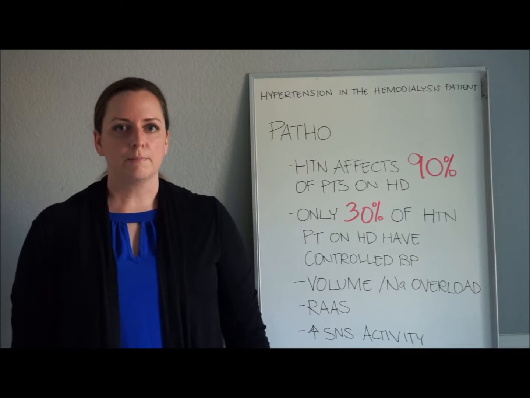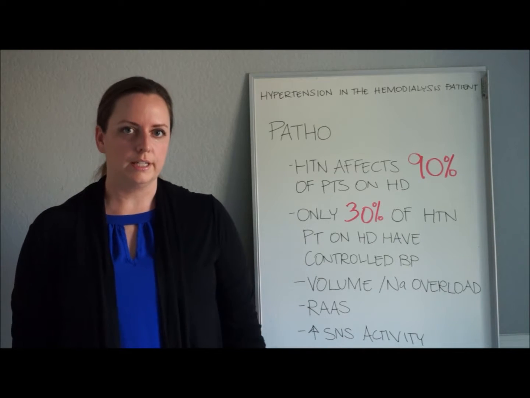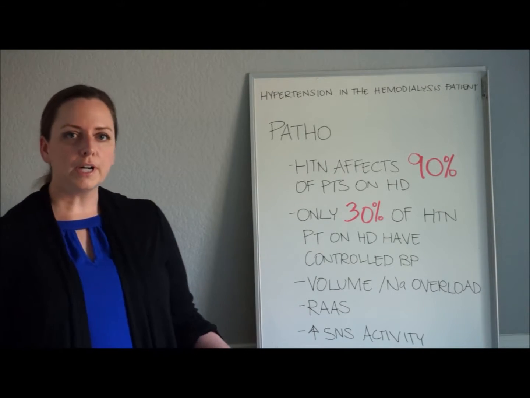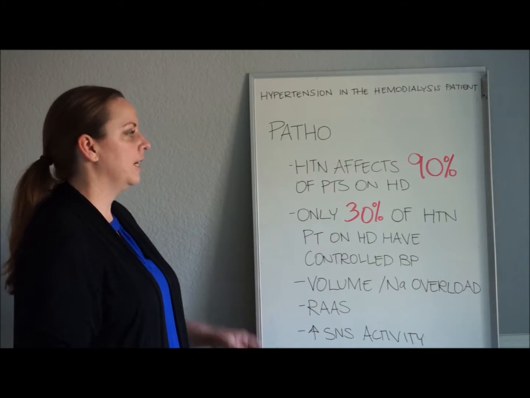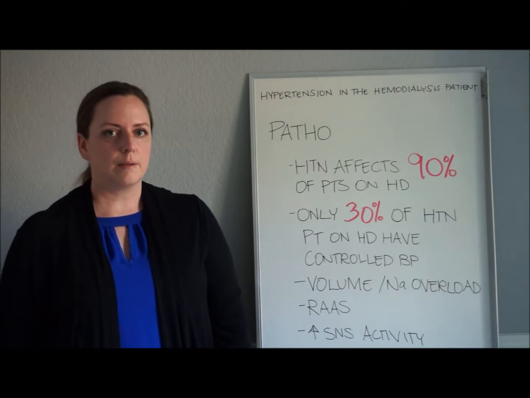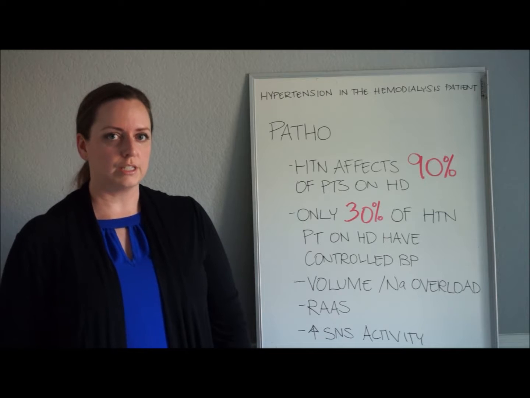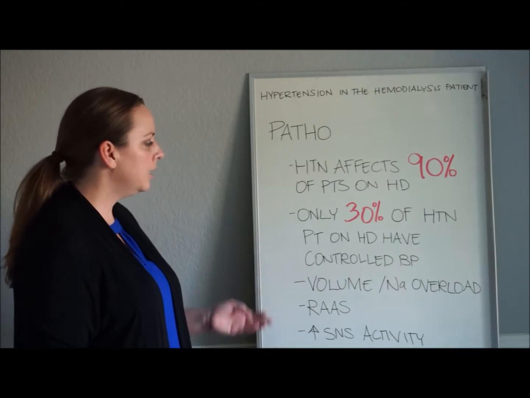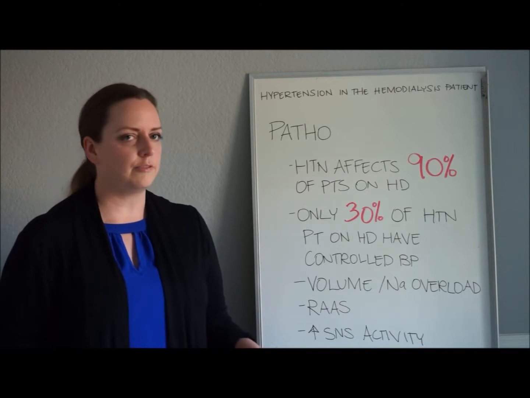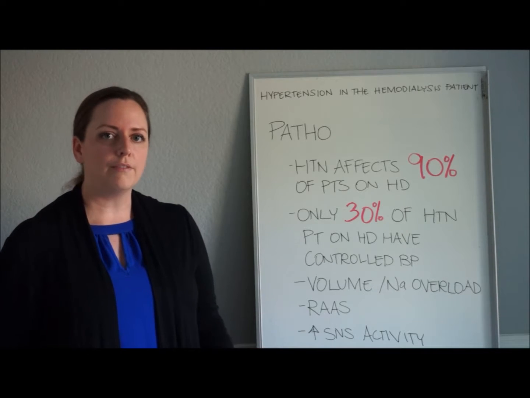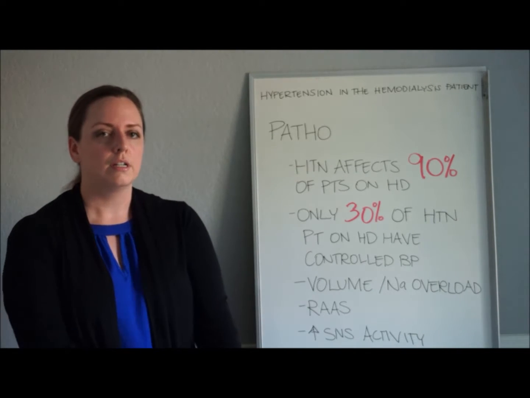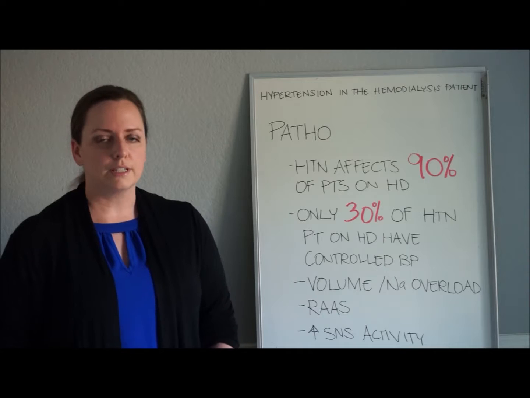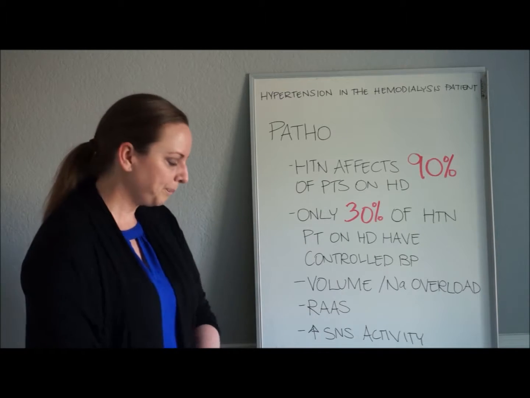First, I'm going to discuss the pathophysiology of hypertension in the hemodialysis patient. Hypertension affects up to 90% of patients on hemodialysis. In addition, only 30% of hypertensive patients on hemodialysis have good control over their blood pressure. This puts them at an increased risk of cardiovascular disease.